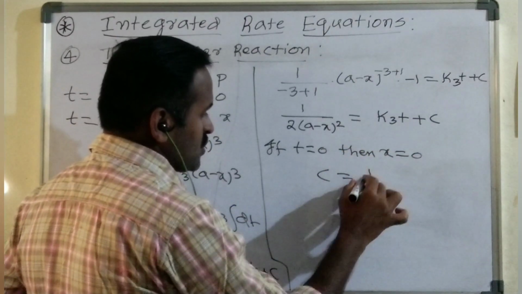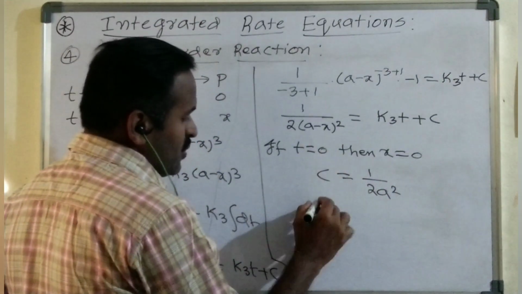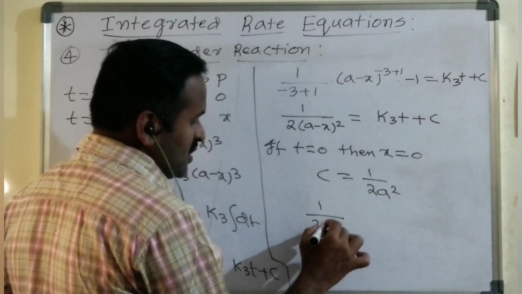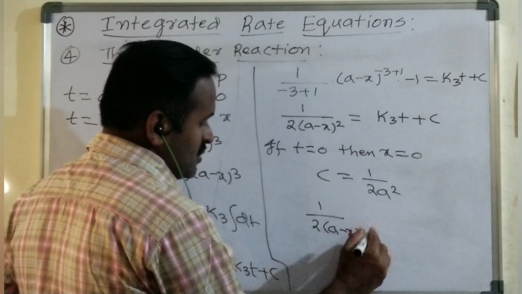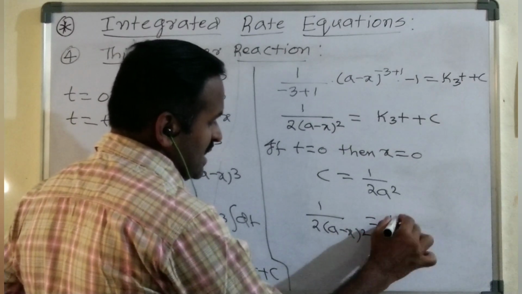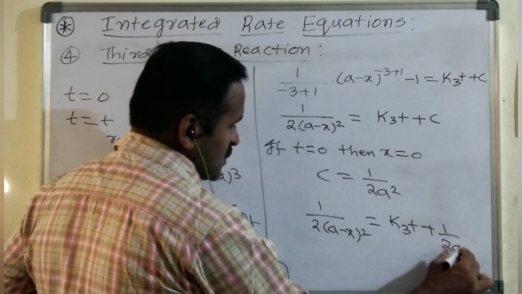So c equals 1 by 2a square. Substituting in the above equation, 1 by 2 into (a minus x) whole square equals k3t plus 1 by 2a square.